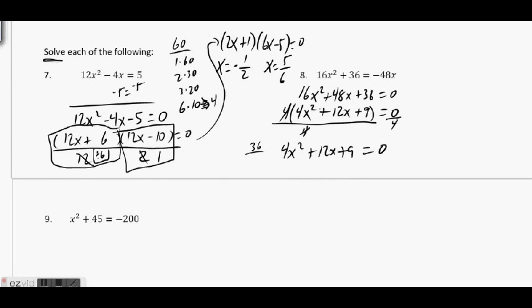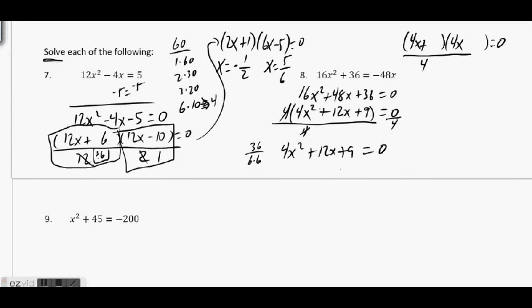And if I do a little bit of thinking, 1 times 36, 2 times 18, eventually you get down to 6 times 6. 6 plus 6 will give me that 12. So I'm just going to factor it. 4x times, not times, excuse me, just using the pattern, all over 4.